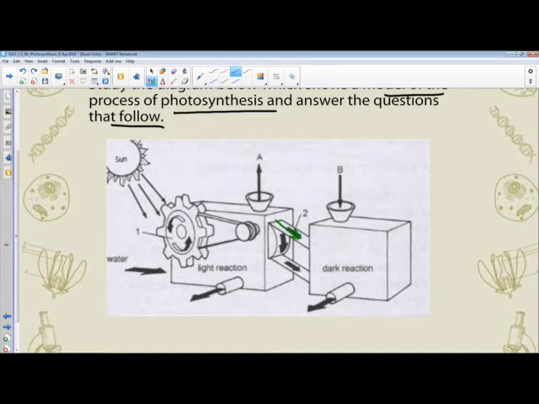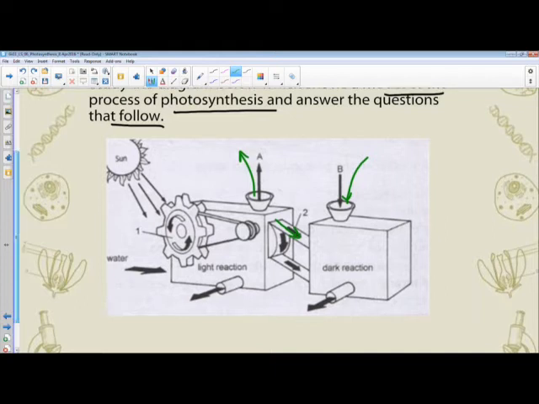We're seeing arrows here which are being released or given off, and arrows going into that. So a mechanical process in which you're seeing an input, an output, and a system of reactions occurring to produce the products. So let's look at this in view of it being related to the process of photosynthesis.